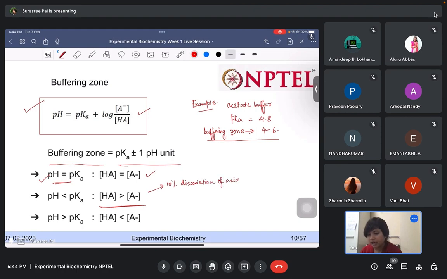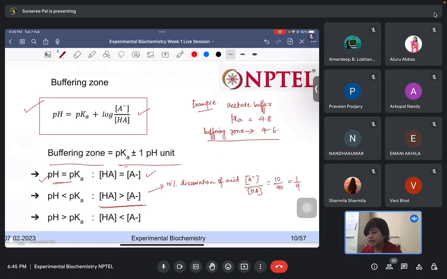If dissociation is 10%, that means the concentration of A minus divided by concentration of HA will be 10 by 90, because 90% of the acid is not dissociated. Only 10% of the acid is dissociated, so it will be 1 by 9, right?